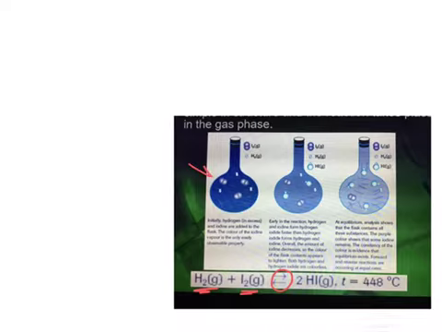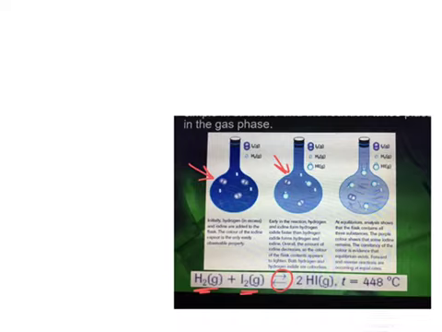So initially in this flask, there's some hydrogen gas and some iodine gas, so really, really purple. As it reacts, hydrogen iodide is not colored. So as the iodine gets used up, our purple color starts to go away. So it gets a little bit lighter here. That'll continue to react. As hydrogen and iodine run into each other, they'll react to make hydrogen iodide.